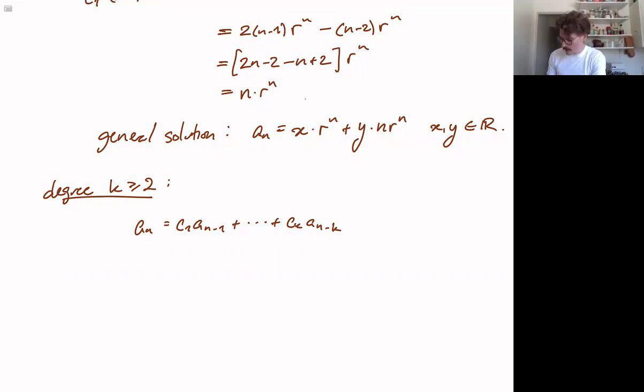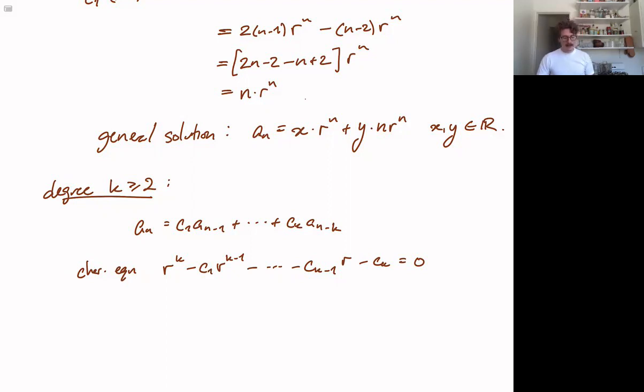So the characteristic equation is r to the k minus c1 r to the k minus 1, down to minus c(k-1) r minus ck equals 0. So now it's a polynomial of higher degree, but we have exactly the same setup where the roots of our characteristic equation give us fundamental solutions that we then take linear combinations of to find all solutions.